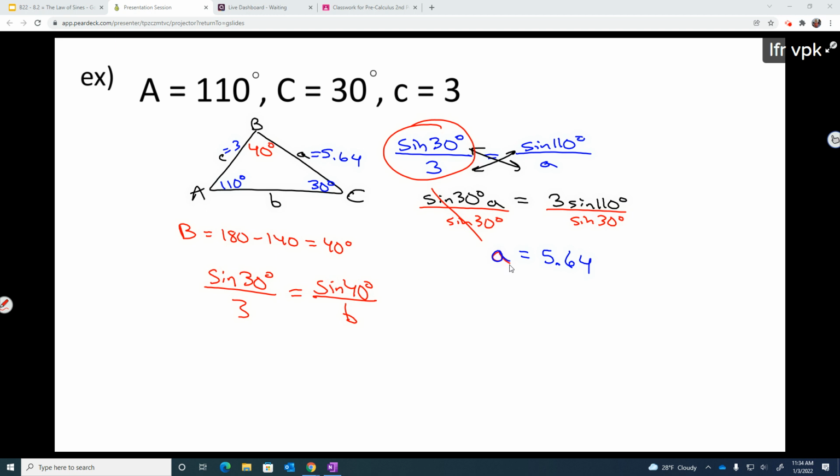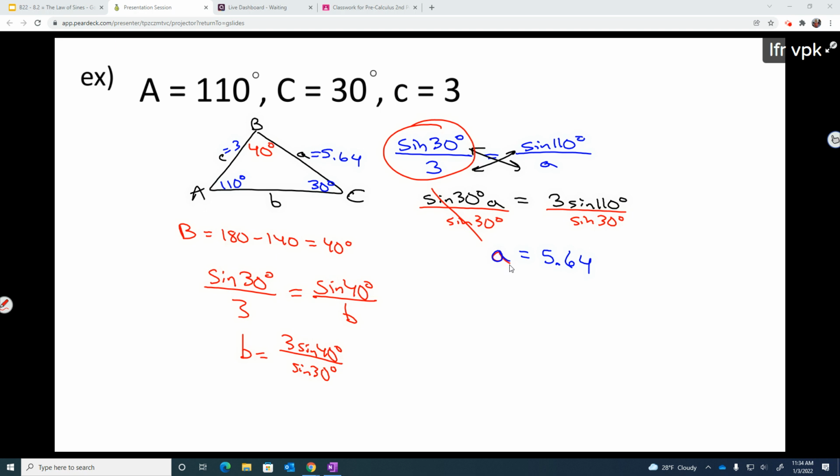And after you do this a couple times, maybe just skip the middle step. These two get multiplied and then you divide by that one. So it ends up just being b equals 3 sine 40 divided by this one, sine 30. So you start to get the hang of it. Just skip that one step.